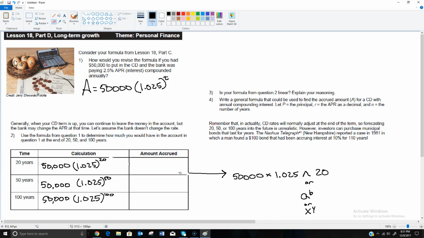So let me get this out of our box here. So the amount accrued, I'm just going to take again 50,000 times 1.025 power 20, and I get $81,930.82.